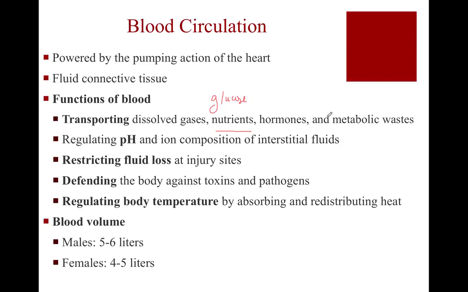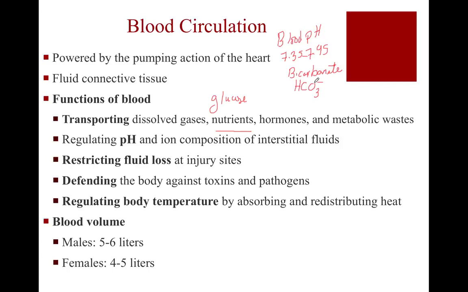Now, for regulation of pH, something that you need to know is that your blood pH ranges from 7.35 to 7.45, and it can accomplish that by relying on the buffer system called bicarbonate, if you guys remember that, which is HCO3 minus.